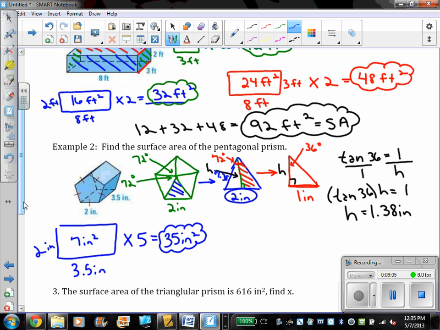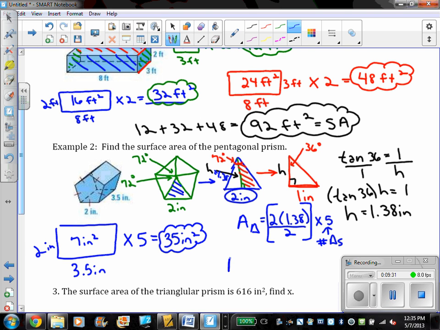So I'm going to find the area of the triangle, which is base times height divided by 2. And I also know that because this is a pentagon, we're going to multiply that by 5, because there's 5 triangles.